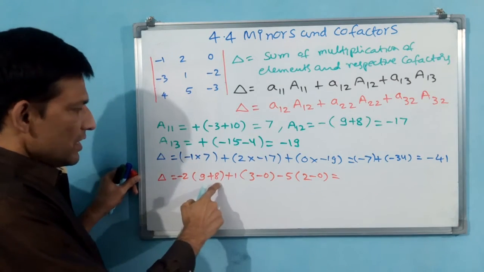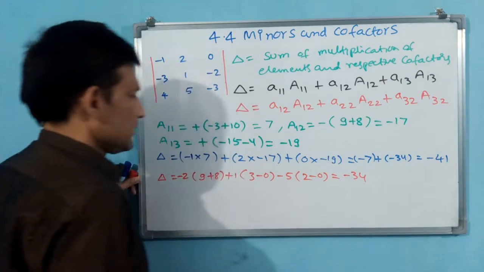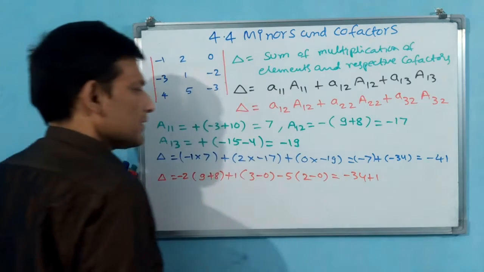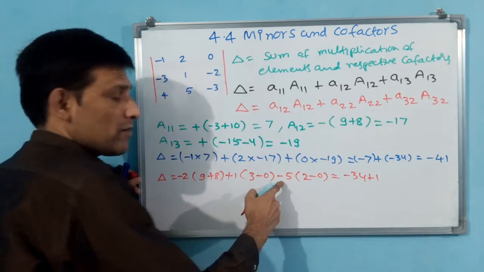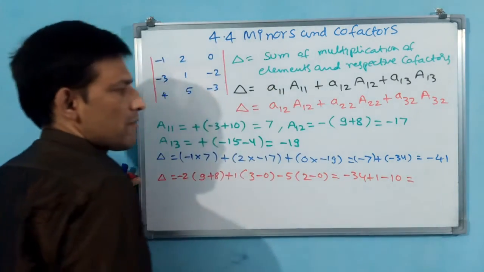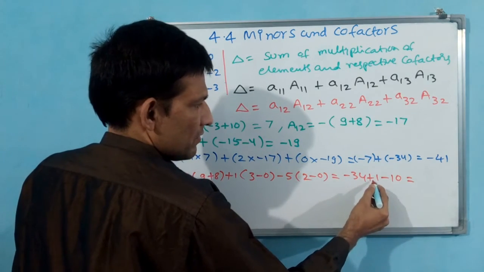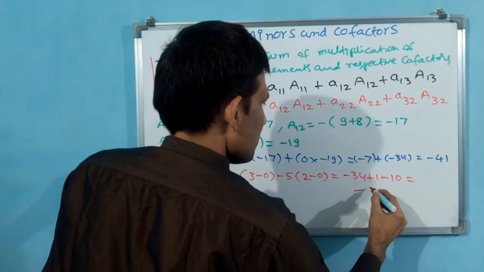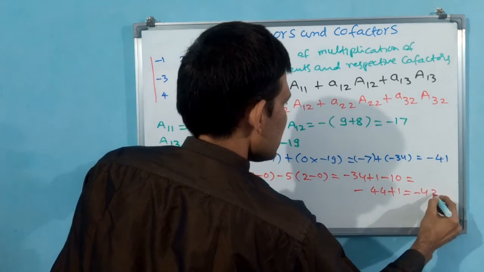Now you see 9 plus 8 is 17, 17 into 2 is 34, minus 34. 3 minus 0 is 3, 1 into 3 is 1. 2 minus 0 is 2, 2 into 5 is 10, but minus 10. Now minus 44 plus 1 is equal to minus 43 is going to come.